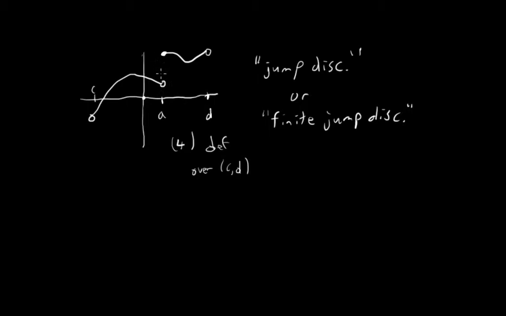Let's see. If instead of a hole here, the hole were here and were filled in at this point, would that make this continuous? No, because you'd still have to jump from here to here to draw the function. There would be no way to draw this function without lifting your pencil off the paper.